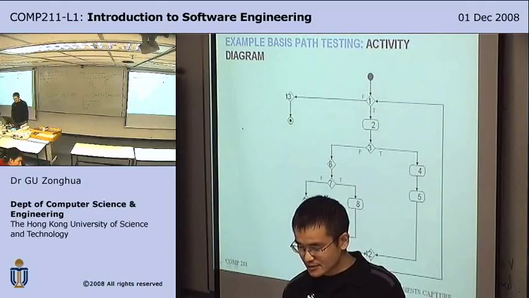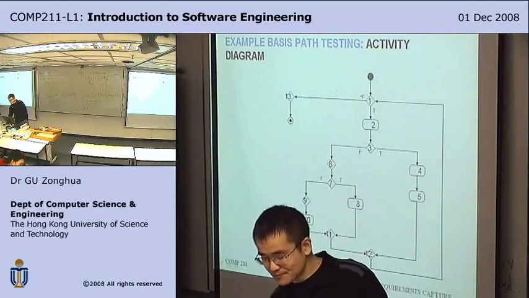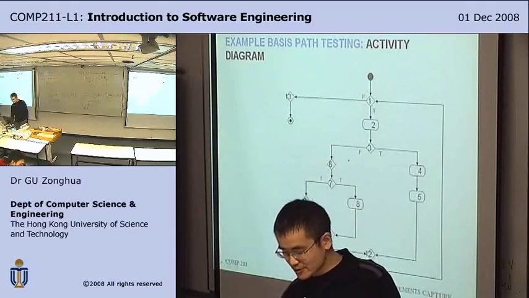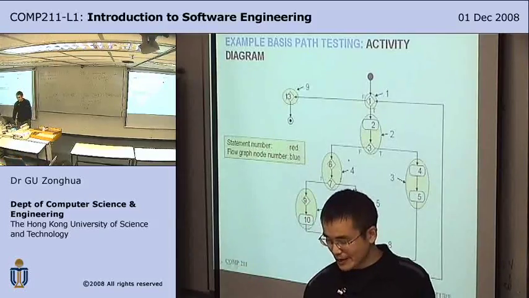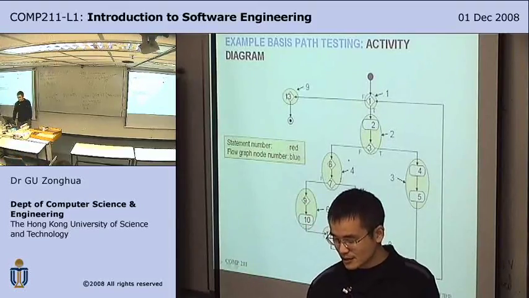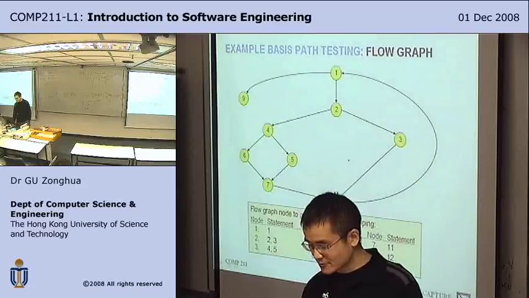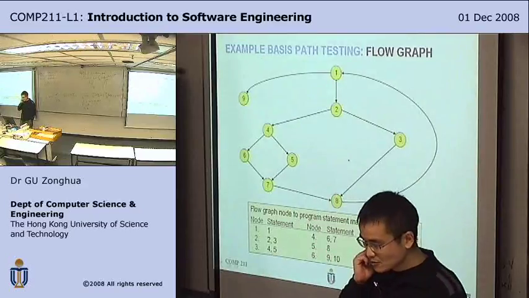For this one, you can draw the activity diagram like this, and then you can draw the flow graph, which is an abstraction made by grouping linear non-branching statements together. Or you can draw it directly.